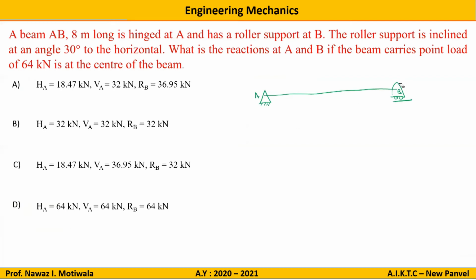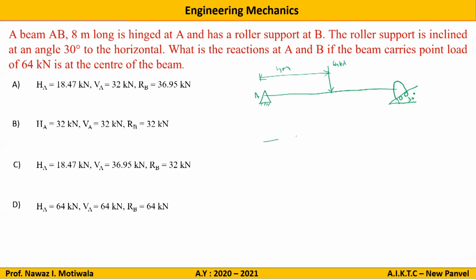So there is a roller but which is inclined, so we have to make this like this. There is an inclined roller which is inclined at 30 degrees with the horizontal. What is the reaction at A and B if the beam carries a point load of 64 kilonewton? So this is a 64 kilonewton force exactly at the center, that means it is at 4 meters.